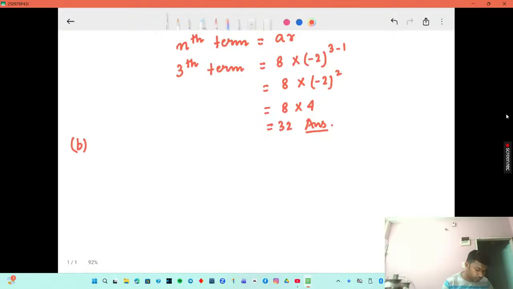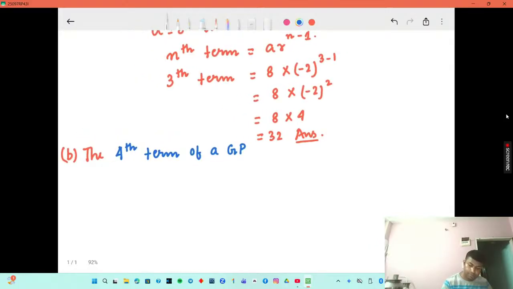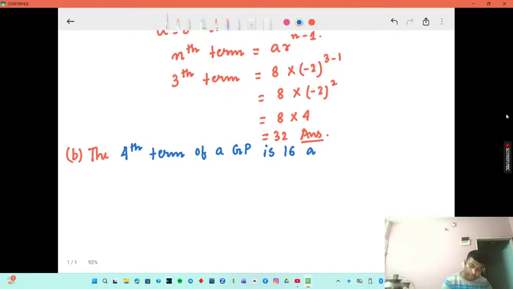So now the question is: the fourth term of a GP is 16 and the seventh term is 128.